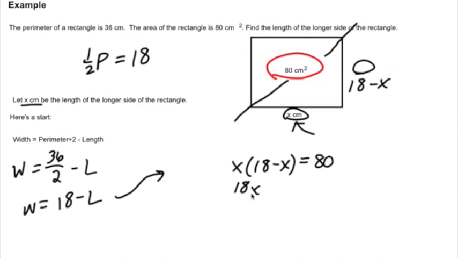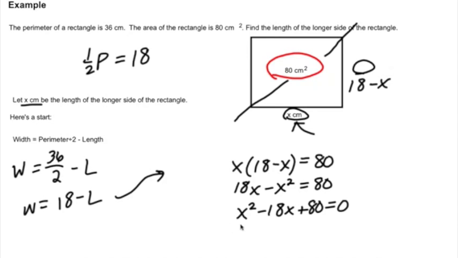So now I have 18x minus x squared, as I'm expanding these values, equals 80. When I move terms over to the right-hand side, I'm going to end up with x squared minus 18x plus 80 equals 0. Again, I remember to set my quadratic equal to 0 so that I can factor.